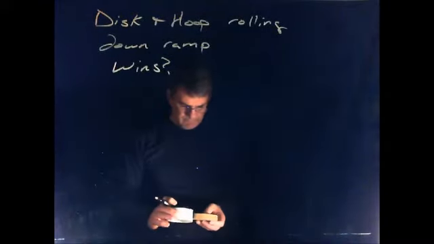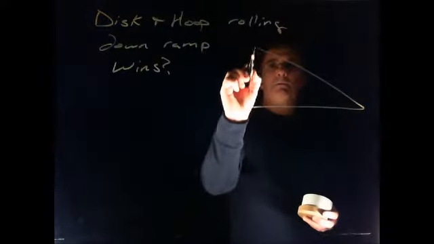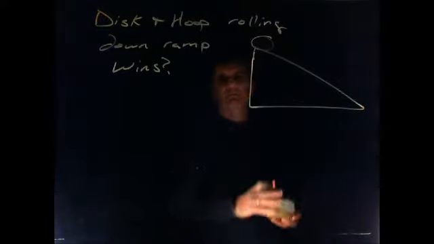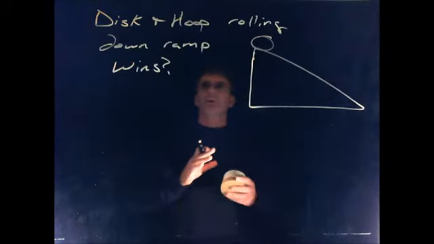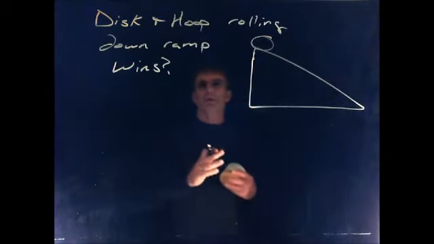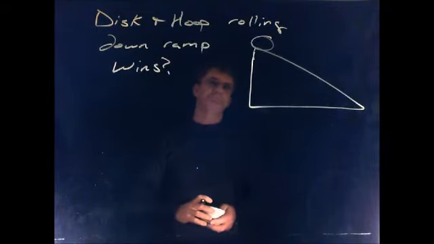Who gets to the bottom first? Which one's going the fastest? This is a very good scenario, along with the next example that I'm going to look at, for a paragraph length response type question.